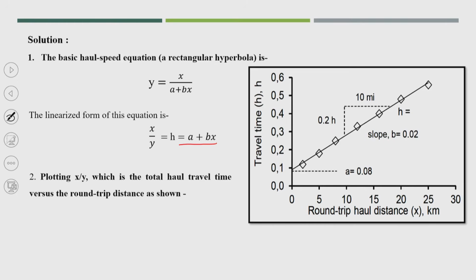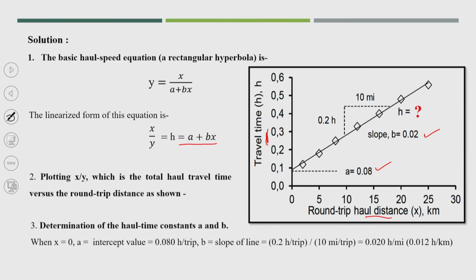So, this is the haul time given, and this is the haul distance given, and if you plot, you see here we get the A value, that is the first constant, and we get the second value B, that is the slope of this line, 0.2 divided by 10.